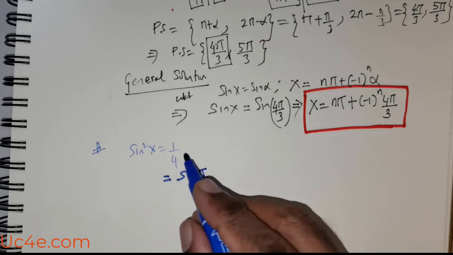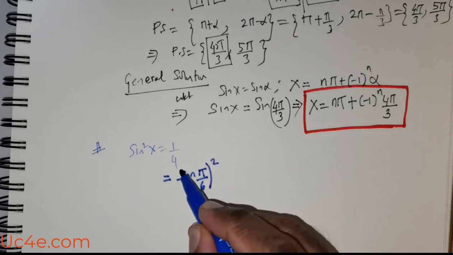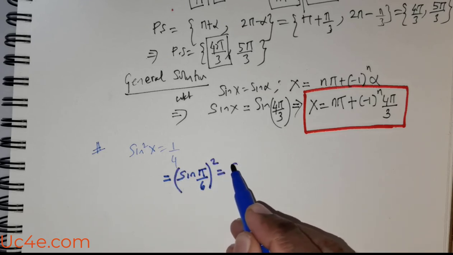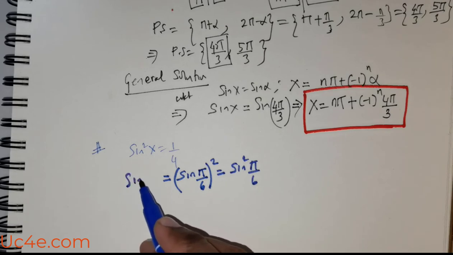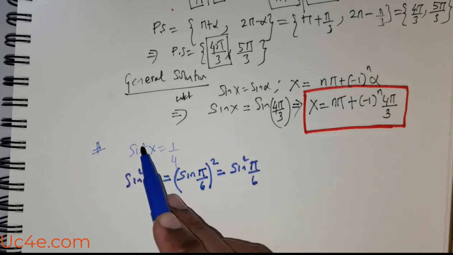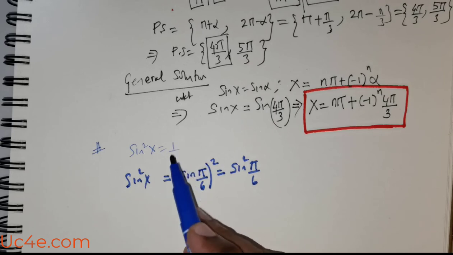Sine 30 is 1 over 2, but I need to produce 1 over 4, so just square that. So subsequently this is rewritten as sine squared pi over 6. So remember, do not transfer the square to the other side and write it as square root of 1 over 4.